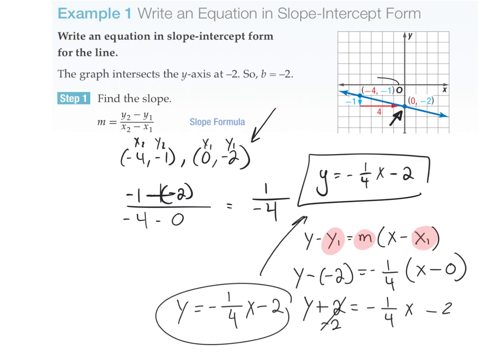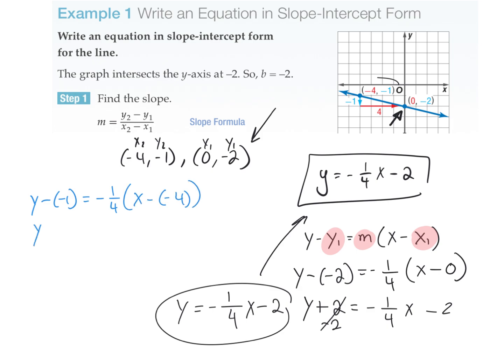And just to show you guys that we can do it with any points, I'm going to erase the work we did for the slope real quick. If we were to do it with the other points, we would do y minus -1 equals -1 over 4 times x minus -4.